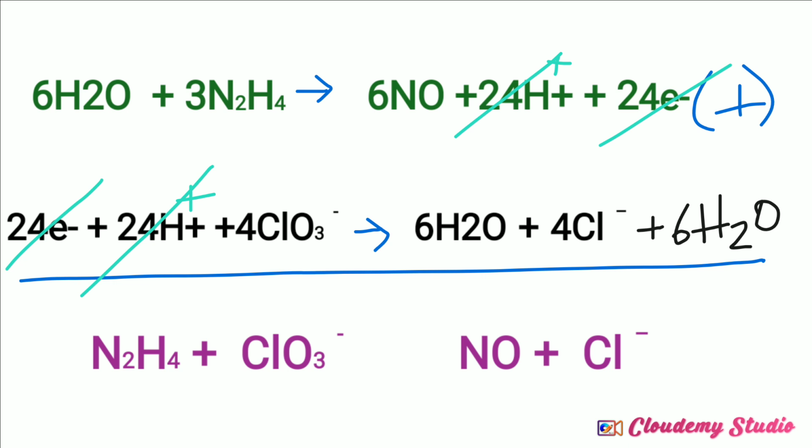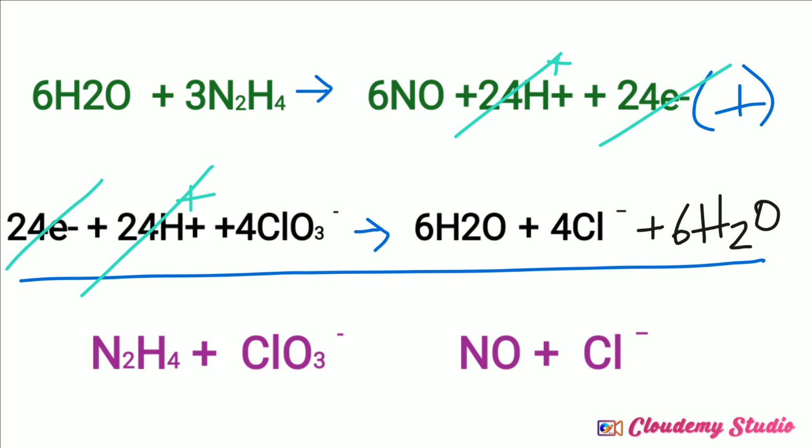Now we can check the substances on both sides. Both sides' 24 electrons we have cancelled. Similarly, 24 hydrogen ions on both sides we have cancelled.